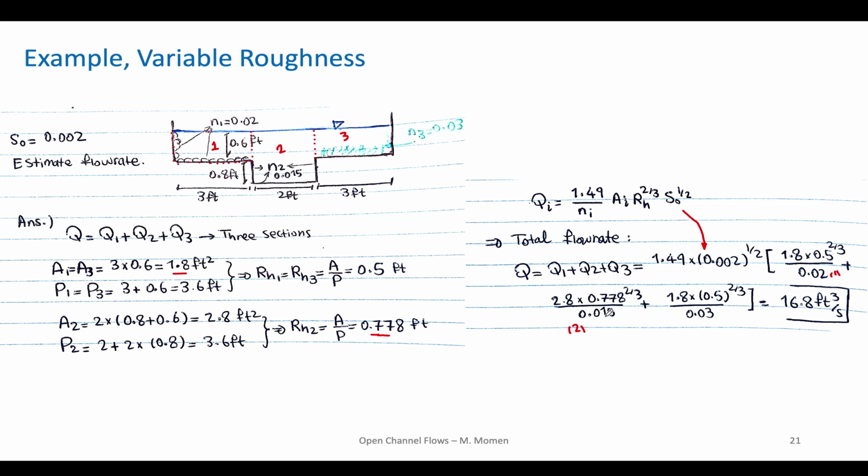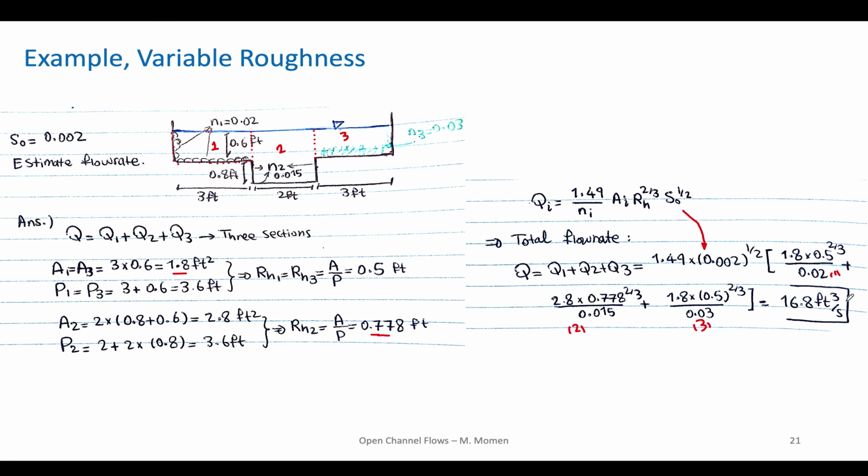So I just write it down here. So this is for the second channel, and this is for the third channel. The third one is going to be A, which is 1.8, times 0.5 to power 2/3 over N3, which is 0.03. So I just write it down.